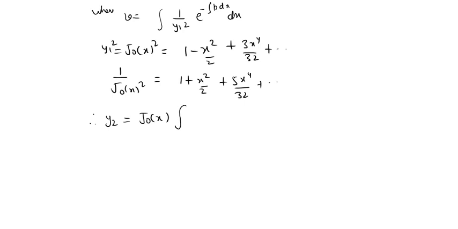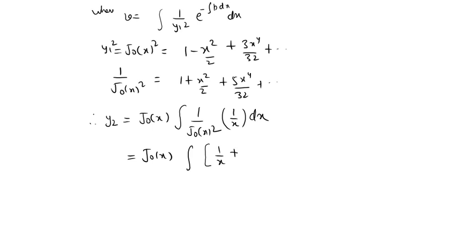Okay, so 1 by J0 x square, and this will be e power minus log x, so the integral will be 1 by x and then dx. So now plug in the values of 1 by J0 square, so you have 1 by x plus x by 2 plus 5x cube upon 32 and then dx.